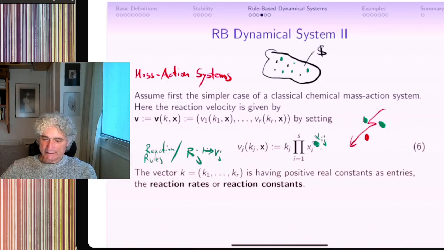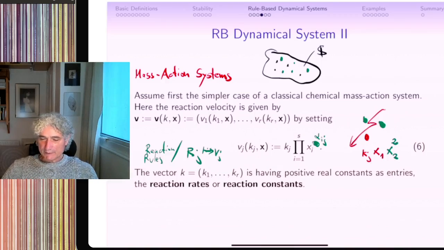So the velocity of this reaction would be something like a constant, Kj, and then let's say the concentration of the red particles is given by x1, and the concentration of the green particles by x2. But now, because you need two of these particles to create a new product, this would be to the power 2.